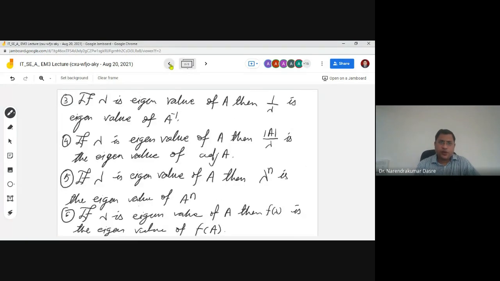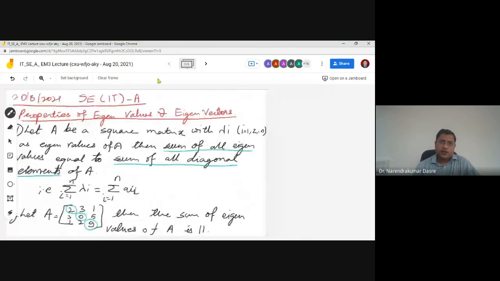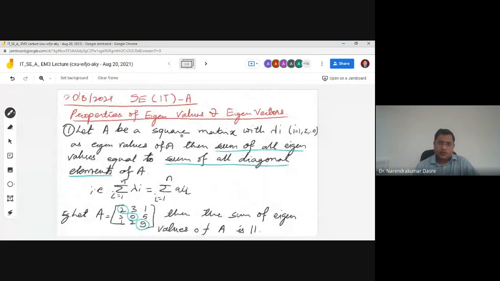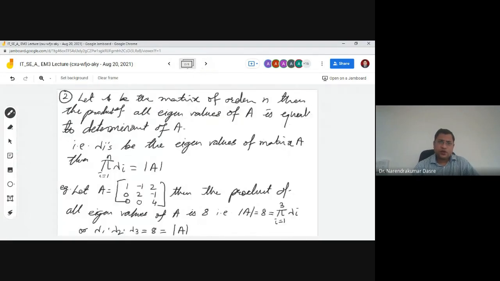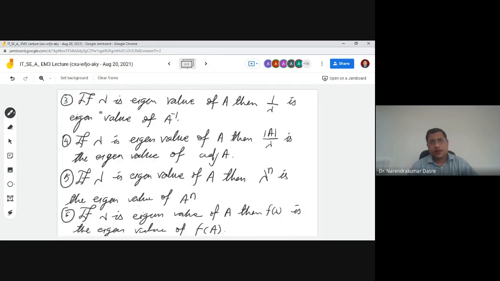So see here what we have seen up to now. The sum of the eigenvalues is the sum of the diagonal elements. The product of the eigenvalues is the determinant of A. If lambda is an eigenvalue of A, then 1 upon lambda is an eigenvalue of A inverse.